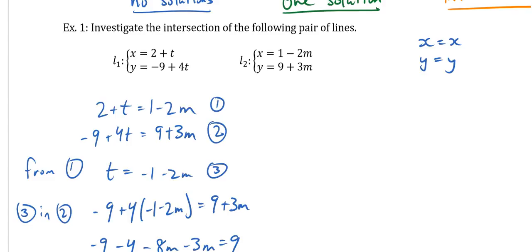That would be an interesting check. You don't need to do it formally, but it would be easy to find t if you just went in here, and then you could, mentally or on your calculator, sub into t and make sure you get the right values. But if you've done everything right, all we need is m in this case.